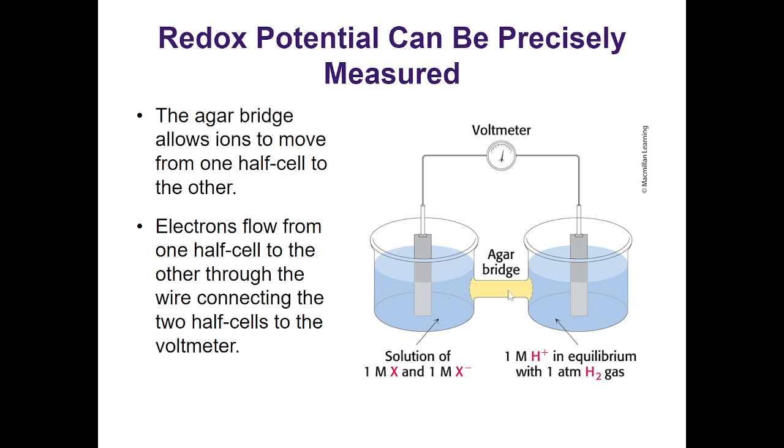Again, this is a solution with 1 molar X and 1 molar X minus, the pair where we've gained one negative charge. This is the standard reference cell, H plus in equilibrium with H2 gas. It's not open to the air, but in a glass ampule or tube, so you don't lose the H2 gas.